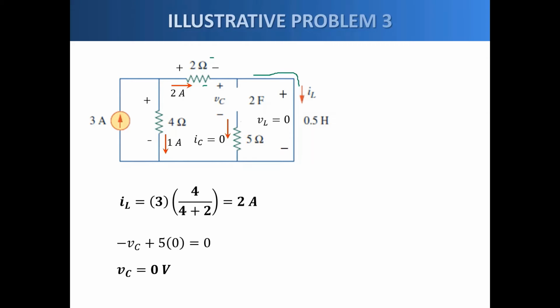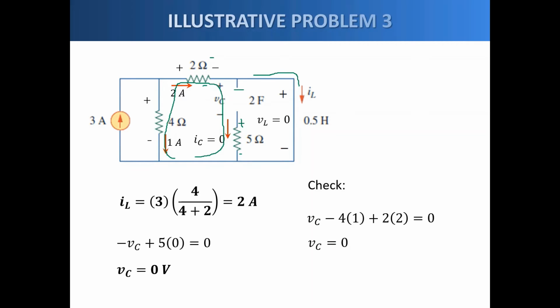So doing a KVL around this loop, okay, so this loop does not contain any current source. So here, this is a plus, this is a minus. So this is the KVL equation.